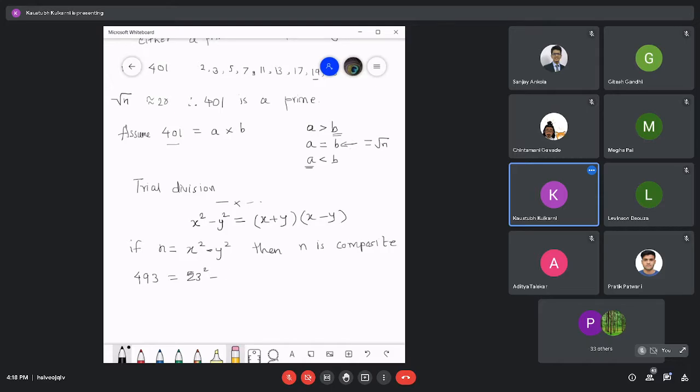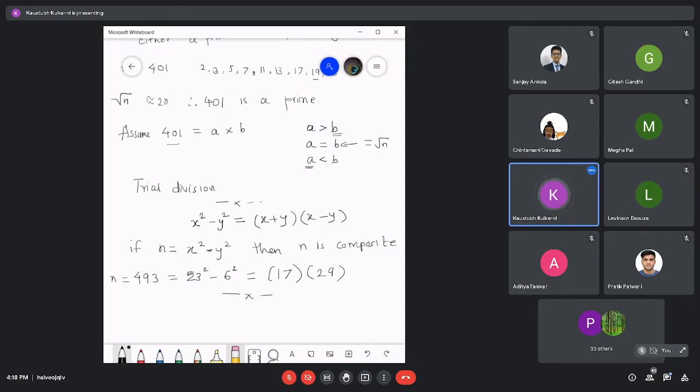Sorry, I meant 6 square. Therefore, it is the product of 23 minus 6, that is 17, and 23 plus 6, that is 29. Okay, so this is a composite number.